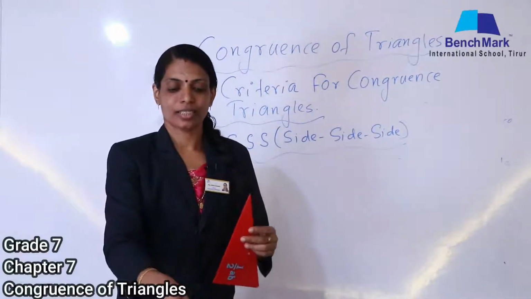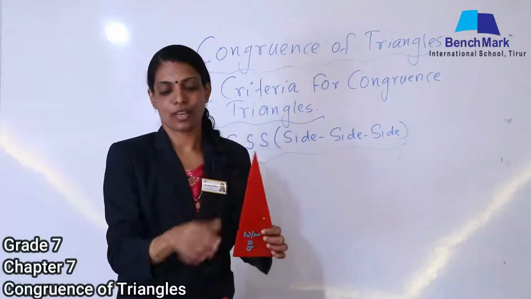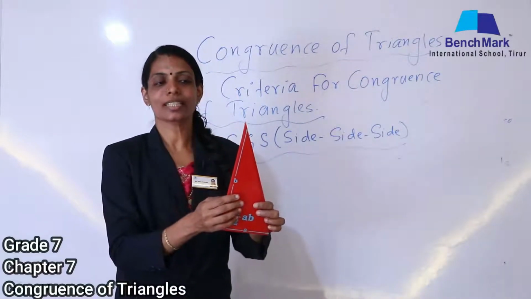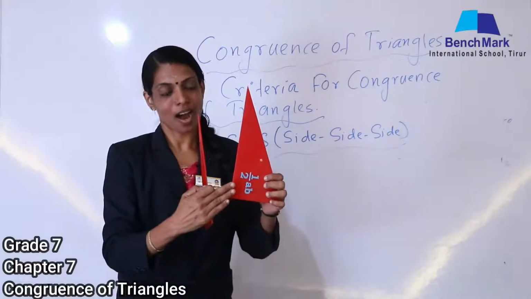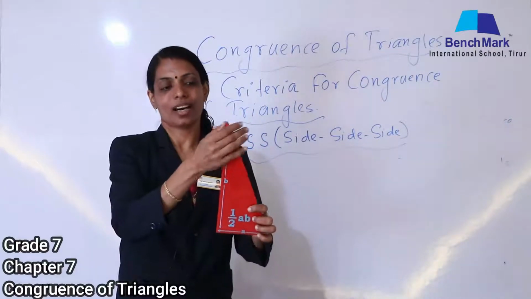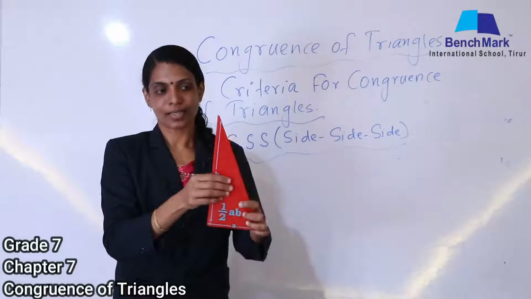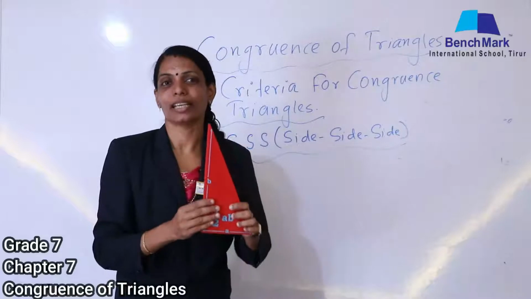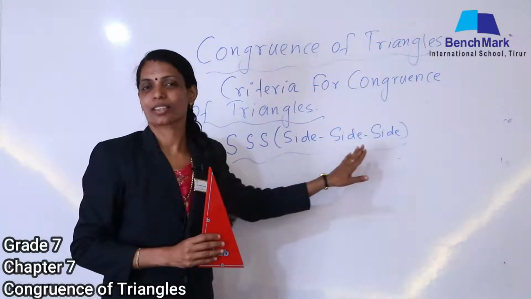Here you can see that there is a triangle and it has got three sides, and we have another triangle here with three sides. So, when the three sides of the first triangle are equal to the three sides of the second triangle, that is why they are getting fixed one over the other exactly. So, this pair of sides, the second pair of sides and the third pair of sides are equal in length, and that is the meaning of SSS congruence criterion.